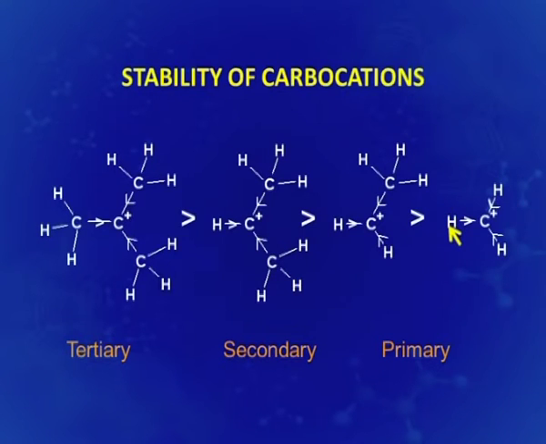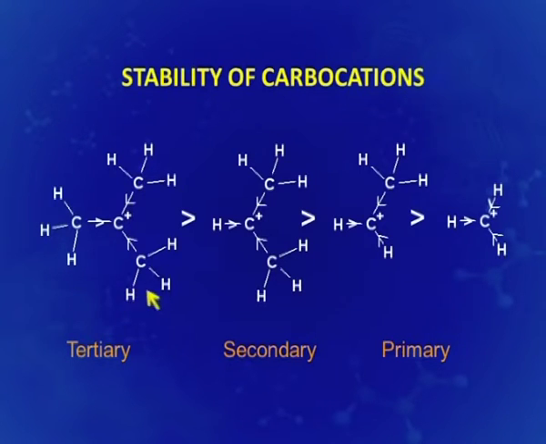The stability of carbocations will depend upon the number of alkyl groups. We are aware that the alkyl groups are electron donating, that is, these have a plus I effect. What that will mean is they will be trying to donate electrons to this C plus ion. As a result, they would be sharing this positive charge. So, if they are able to share this positive charge, ease this carbon by sharing the positive charge, it will make this carbocation more stable.